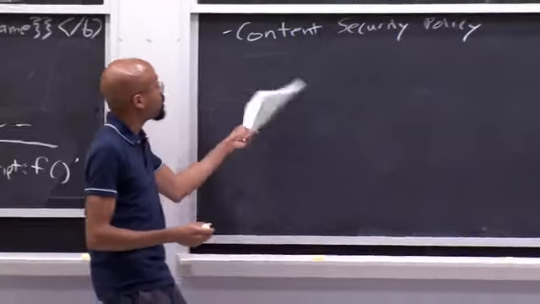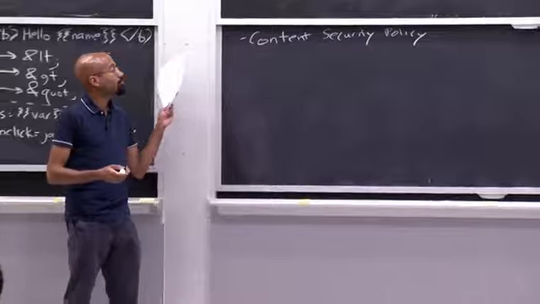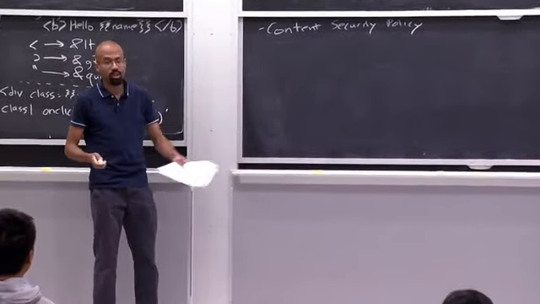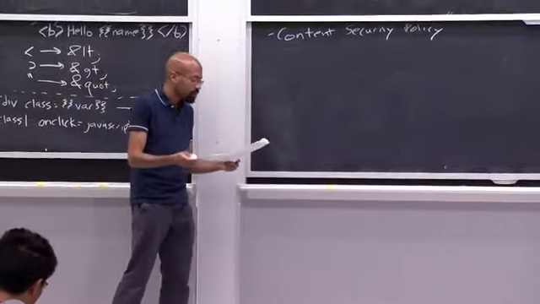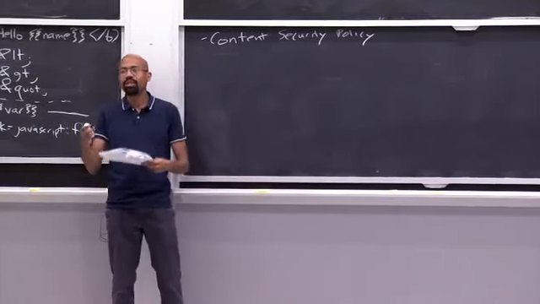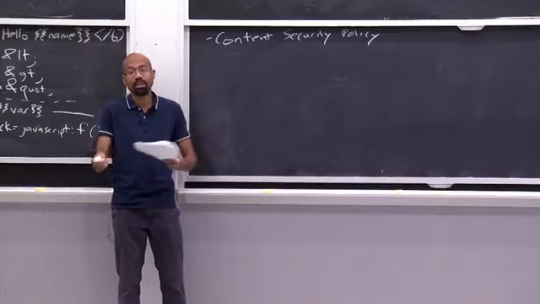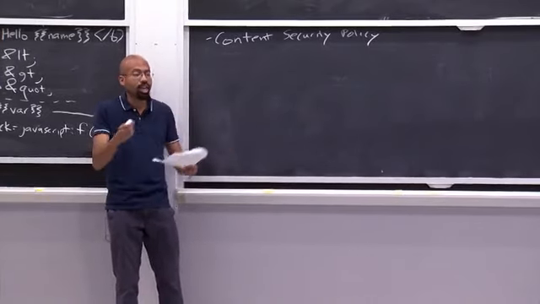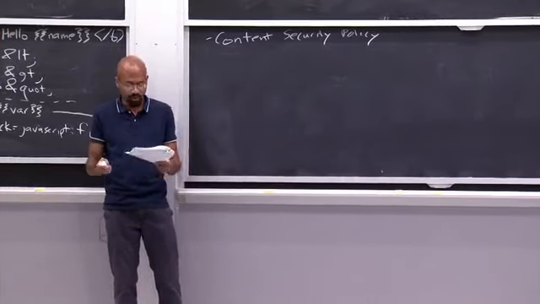Okay, yeah, so another thing you can do to improve security is this thing called content security policy. Like I was saying, what this allows the server to do is to tell a web browser what types of content can be loaded in the page it's sending back, and also where that content should come from, right?